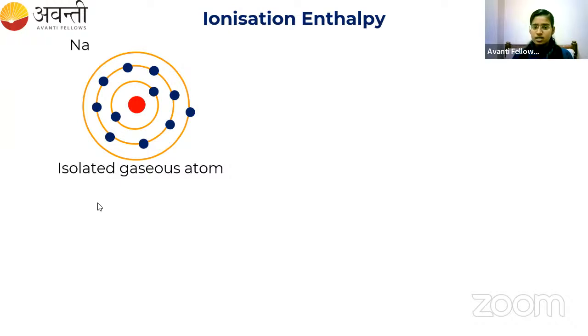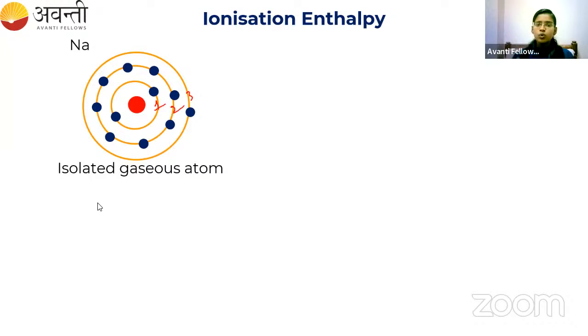There are 2 electrons in the first shell and 8 electrons in the second shell. And the last 11th electron is present in the third shell. The number of electrons present in the outermost shell for sodium is 1.